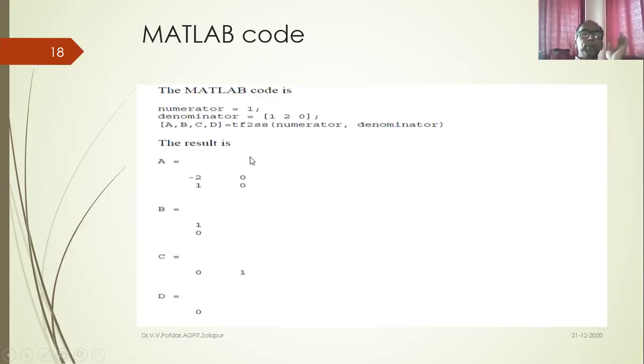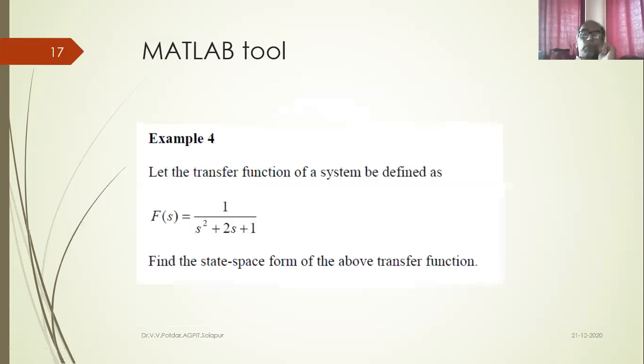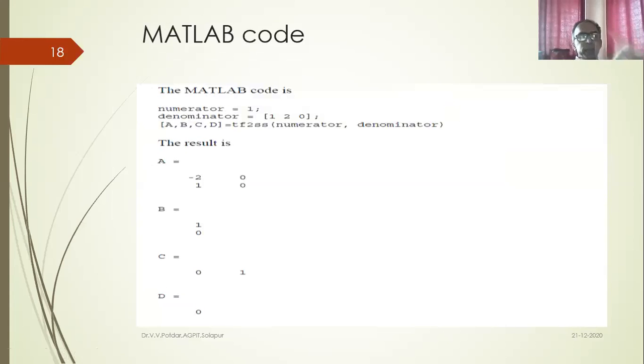Matlab, at the click of a button, will give me matrix A, matrix B, matrix C, and matrix D. So this is how the Matlab Toolbox can be used for getting the state space matrices from the transfer function.